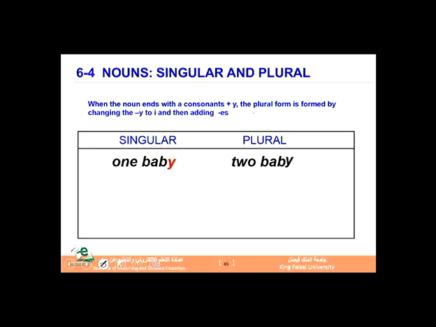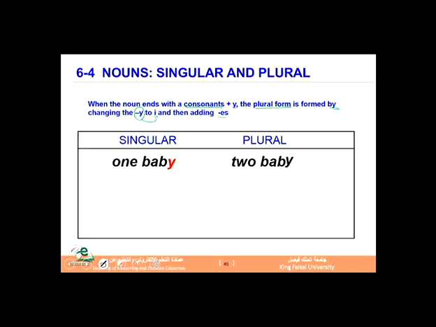So according to the book, when the noun ends with a consonant plus y, as we have here, the b is a consonant while y is basically the end of this noun, the plural form is formed how? By changing the y into i. And then we add es.